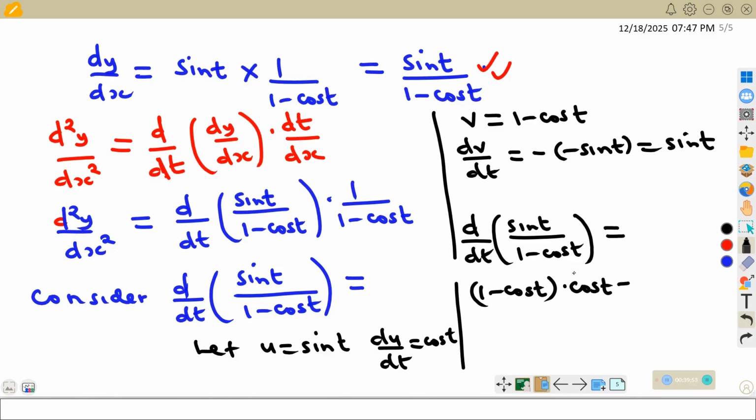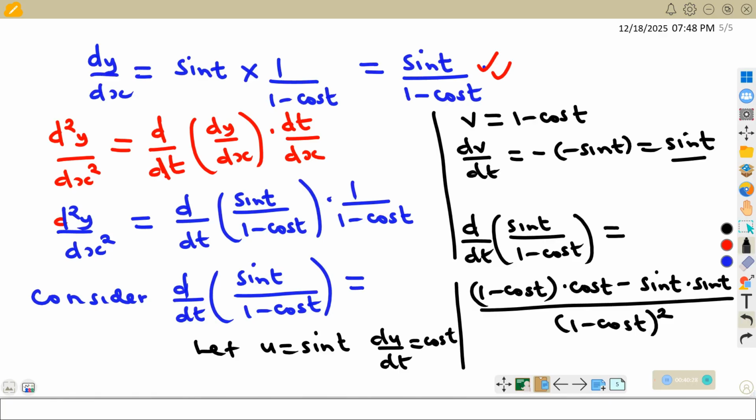We are subtracting, so this is v du/dt. I'm doing it at once, unless you want me to first write the formula. Then we shall have minus u, our u is sin t, multiplied by dv/dt. Is that okay? dv/dt is sin t again. And we shall have the whole of this divided by 1 minus cos t, all squared.